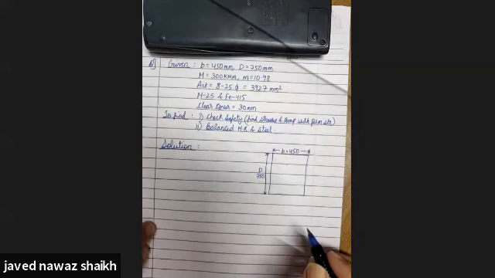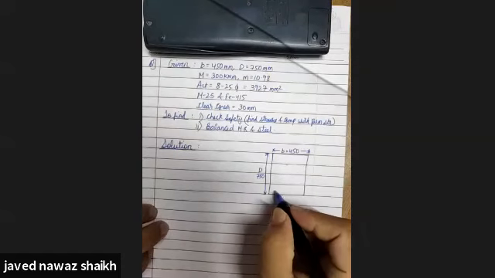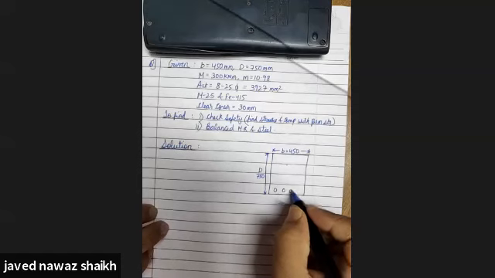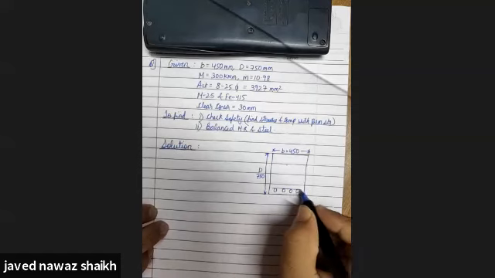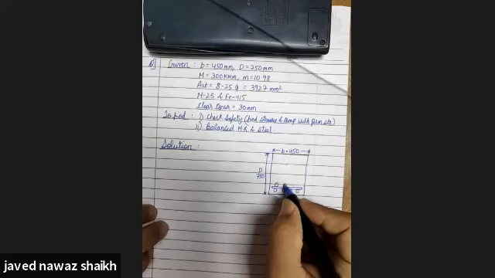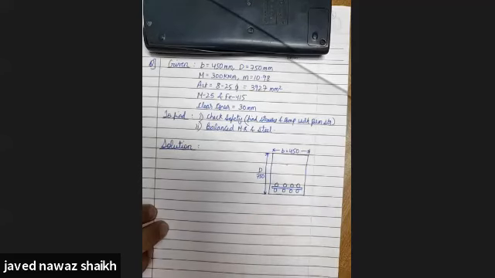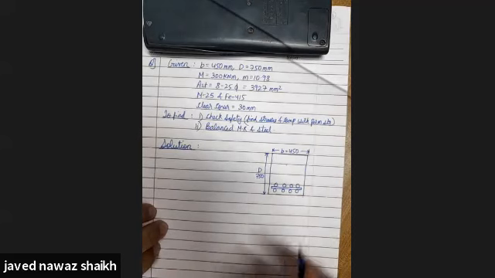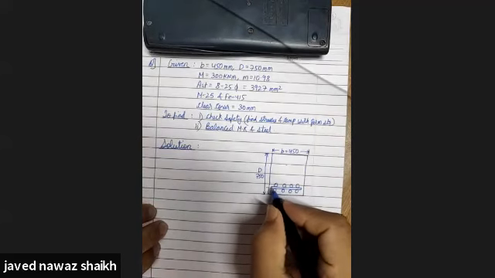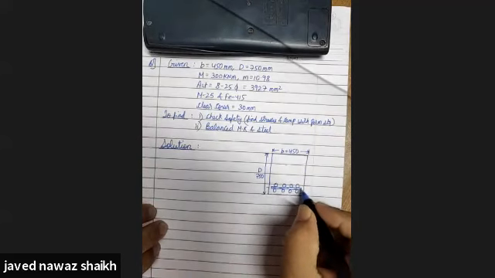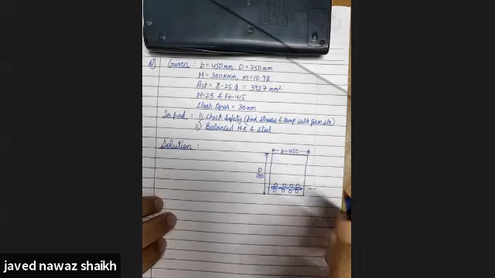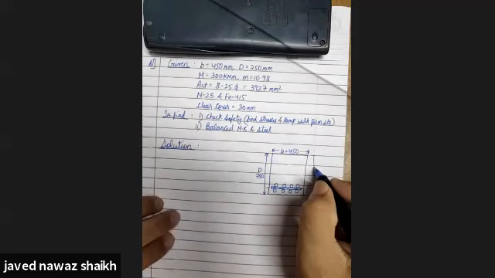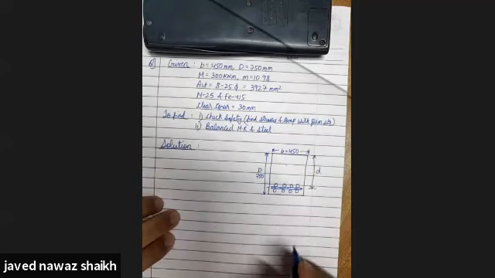And it is 8 bars of 25, so by default it will be in 2 layers. 1, 2, 3, 4, and 1, 2, 3. The effective depth, you know, will be from the center of the steel bars. So this is your effective depth.